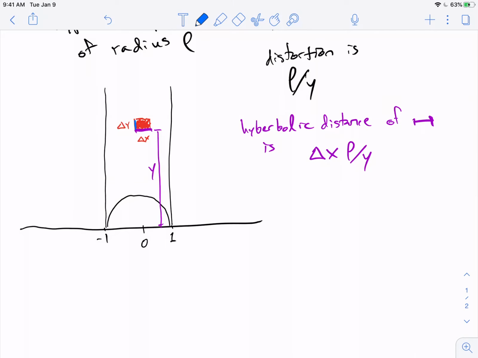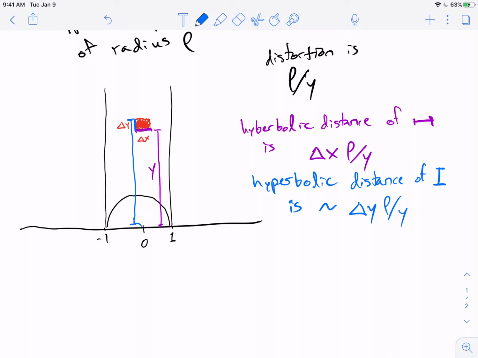The vertical one's a little more tricky because, of course, the height is changing, right? So the distance of this blue line in the hyperbolic sense is, I mean, it's not quite delta y times rho over y, because the height here is larger than the height at the bottom.